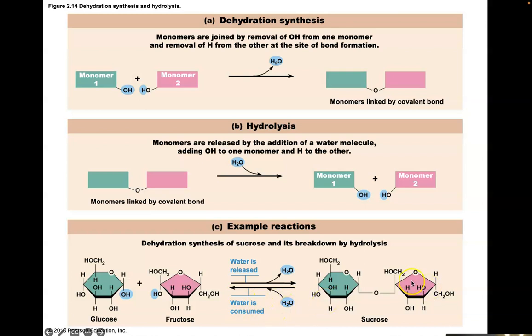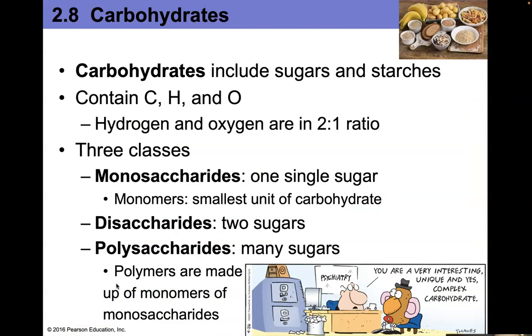So you're going to obviously need water, and that water is going to be lysed, broken apart, and you're going to put a hydrogen ion on the fructose and a hydroxyl group on the glucose, okay? So that's hydrolysis. If you think about it, water is really important, especially for digestion, because as you're breaking these bonds and doing hydrolysis, you need water, okay? So this is why you need water as you're eating food and breaking it down. You need water to break down those bonds because of hydrolysis.